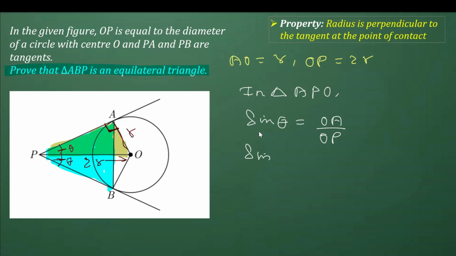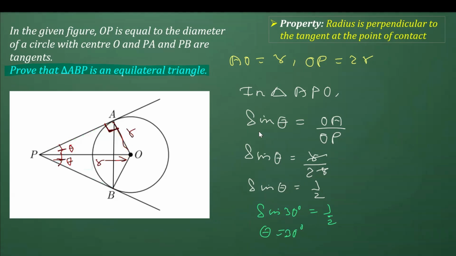This is sine theta is equal to OA, as we can see that it is R. So I'll replace this by R and OP as 2R. R gets cancelled and we get sine theta as how much? Half. And we know that sine 30 degrees is half. So from here we conclude that theta is how much? 30 degrees.